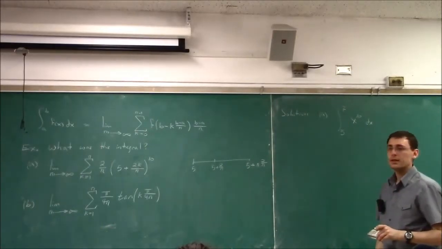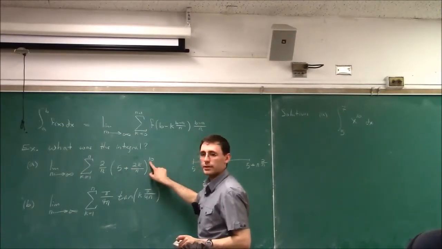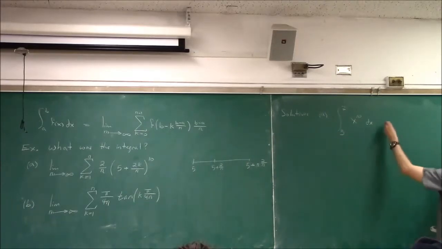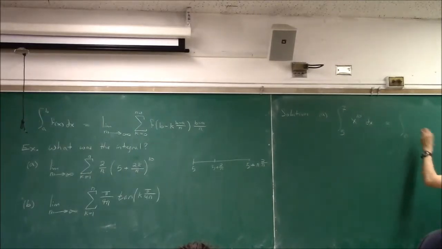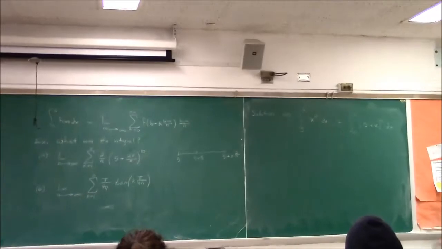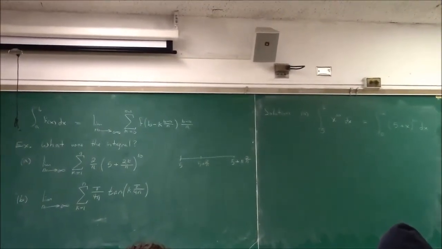You understand? Now the function is x to the power 10. There is another solution which is also correct: the integral from 0 to 2 of 5 plus x to the power 10. They give the same answer, so that would also have been a correct answer.